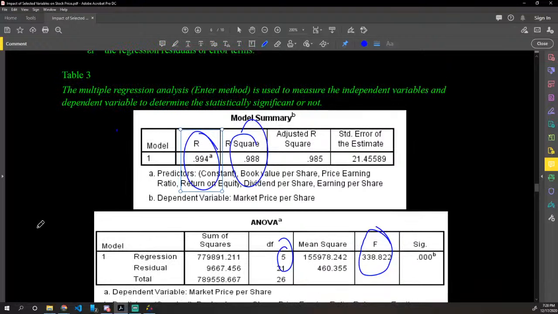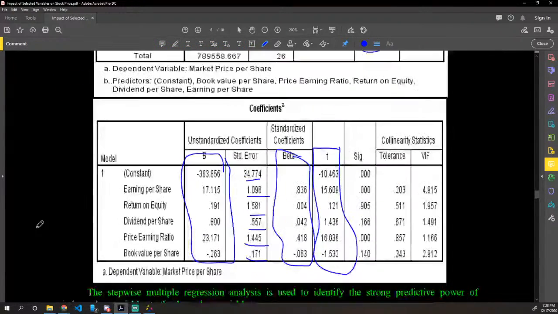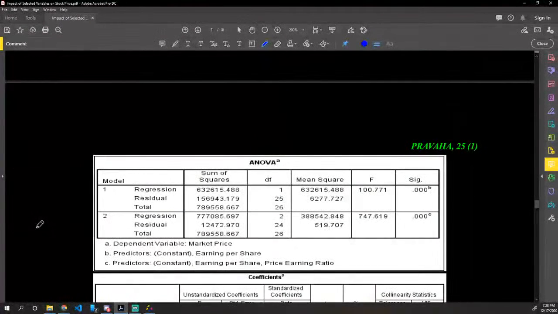In this case it was everything, right? In this case only one. Maybe offered a 2 in this case, so EPS and price to earning ratio was taken.